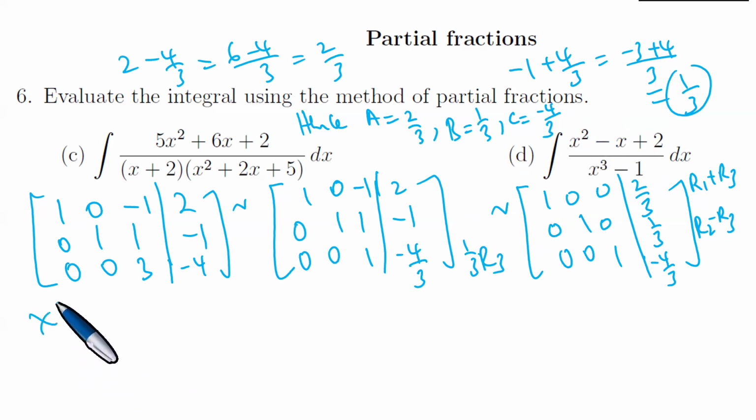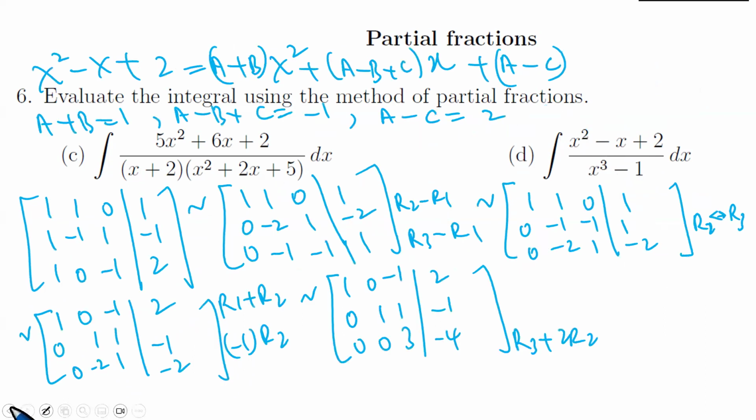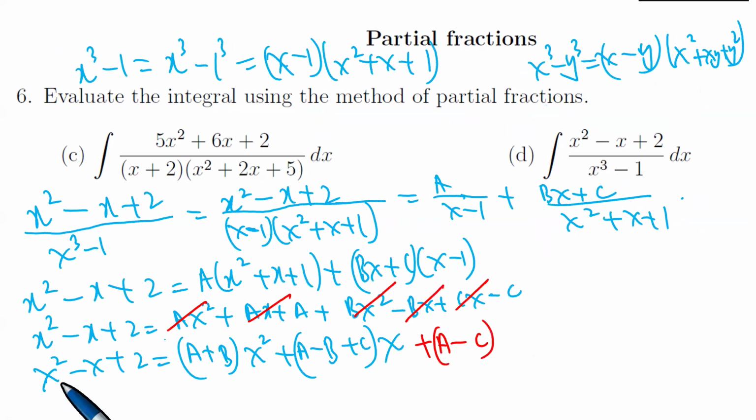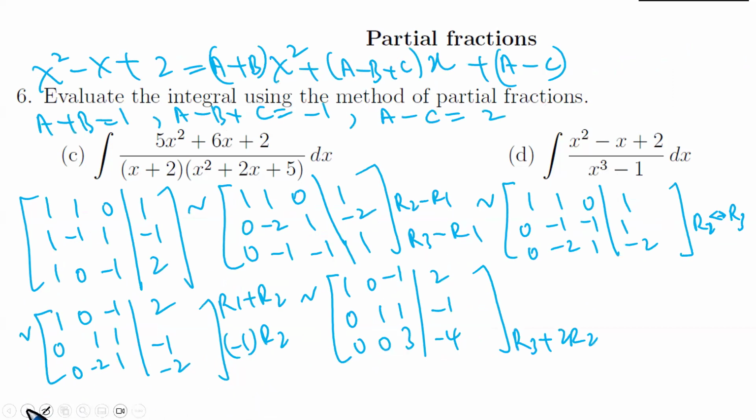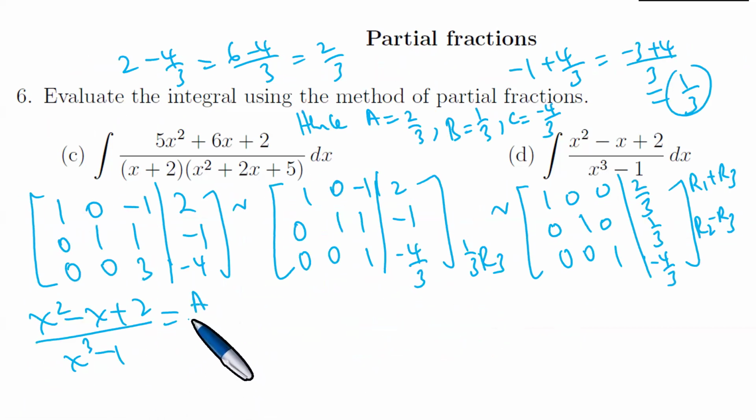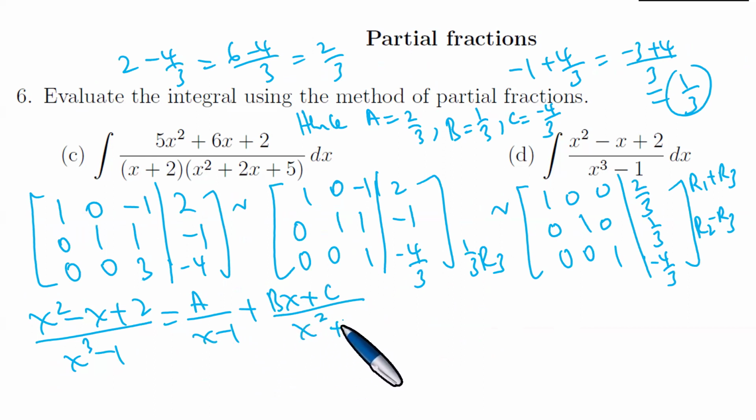but before that, it means x squared minus x plus 2 divided by x cubed minus 1 can be seen as A over x minus 1 plus (Bx plus C) over x squared plus x plus 1.